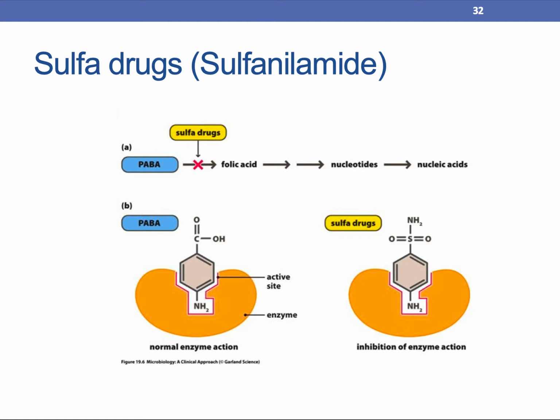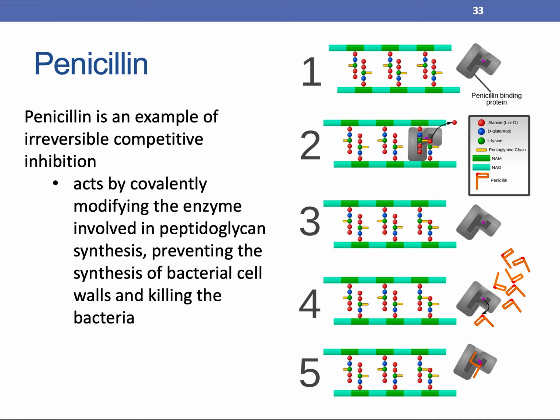And therefore, the organism is denied folic acid, which it will need to create nucleotides and nucleic acids, and therefore they are killed by these drugs. These drugs were used heavily during the Second World War to treat wounds of soldiers and be able to prevent the infections from happening.